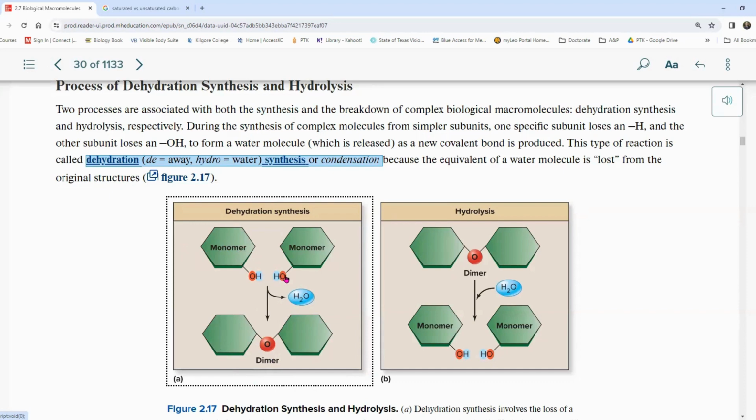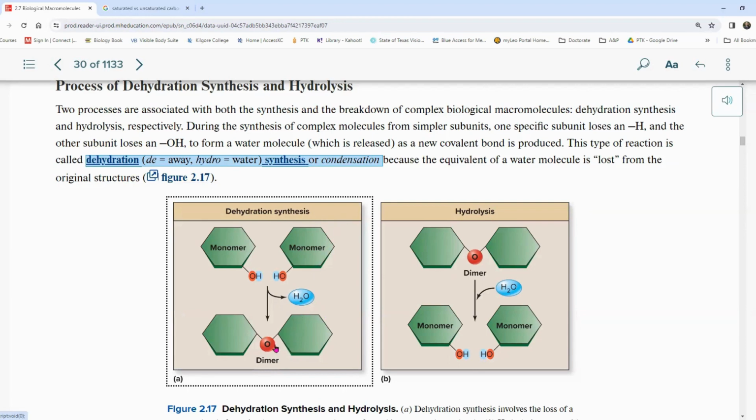Those two hydrogens and this oxygen are going to bind to each other and then get released. Then what's left over is that one oxygen, and it's going to bring those two together. That is called dehydration synthesis. When you synthesize something, you're building something, you're making something.